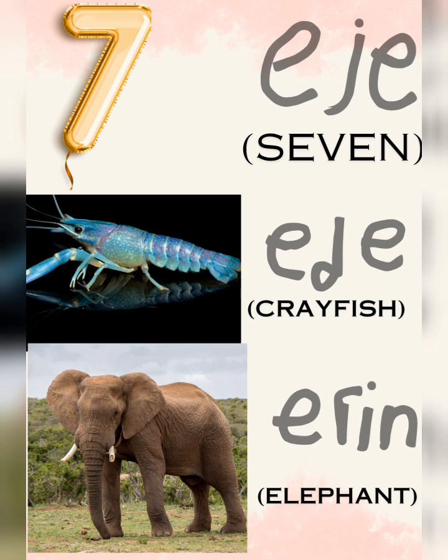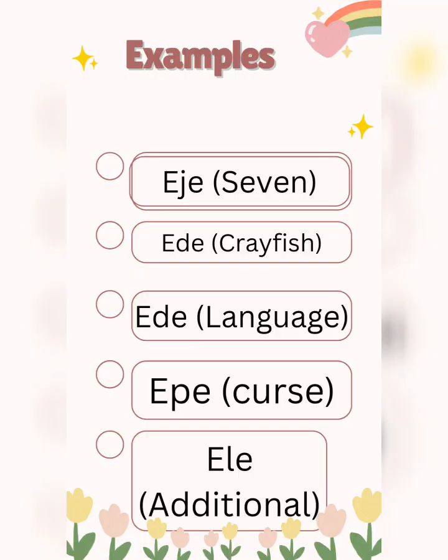We also have other examples of the a sound in Yoruba. We have already mentioned that we have èje, that's number 7. We have èdè, that's crayfish. Then we have èdè. Thank God for this video, this content; without us speaking a particular language, there will be no communication.